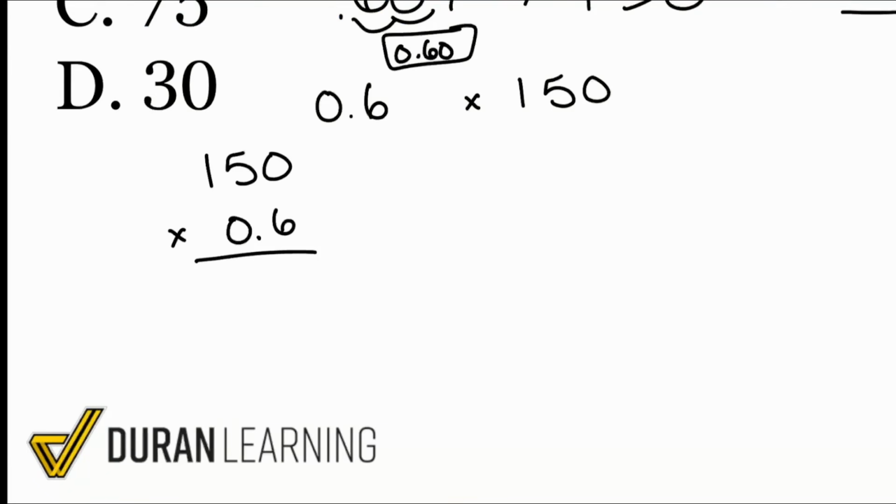Once we do that, we have 0 times 6, which is going to be 0. 5 times 6, that's going to be 30, carry the 3. And then 1 times 6, which is 6, carry the 3, is 9. And so we're going to bring back just 1 decimal place here. So that's just 1 decimal place right there. And that'll give us 90 right there.